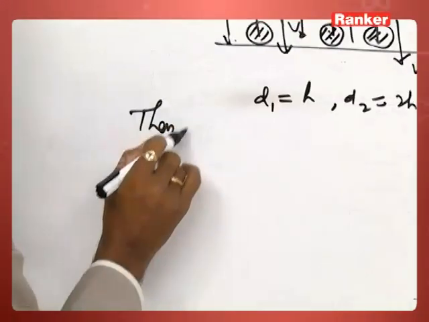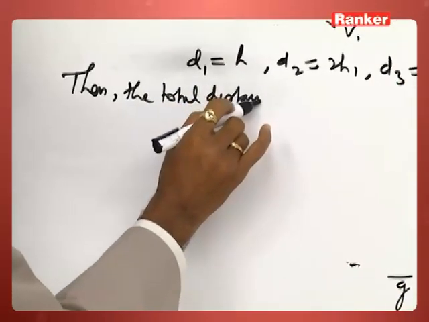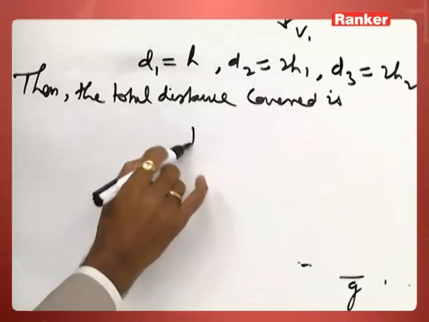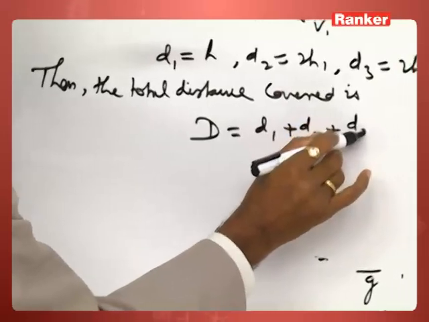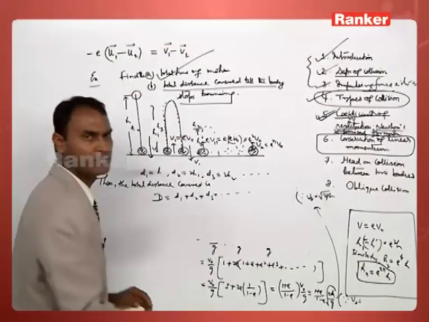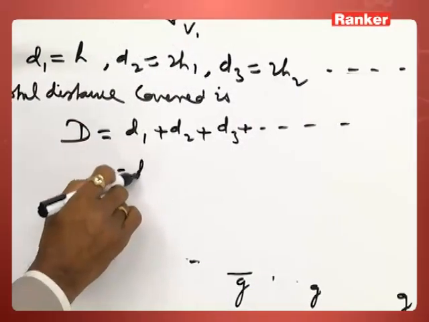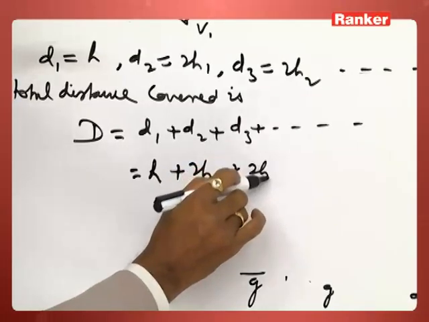Then the total distance covered is given as d equal to d1 plus d2 plus d3 and so on. d1 equal to h, d2 equal to 2h1, d3 equal to 2h2.